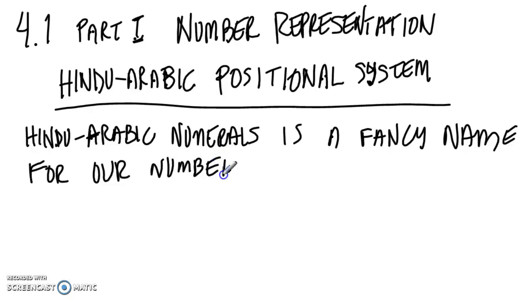So you're going to see the name Hindu-Arabic come up a lot in this chapter, and hopefully after today you don't have any issues with it. Let's just look at some examples of these numerals. That one looks familiar. You might have seen that one.